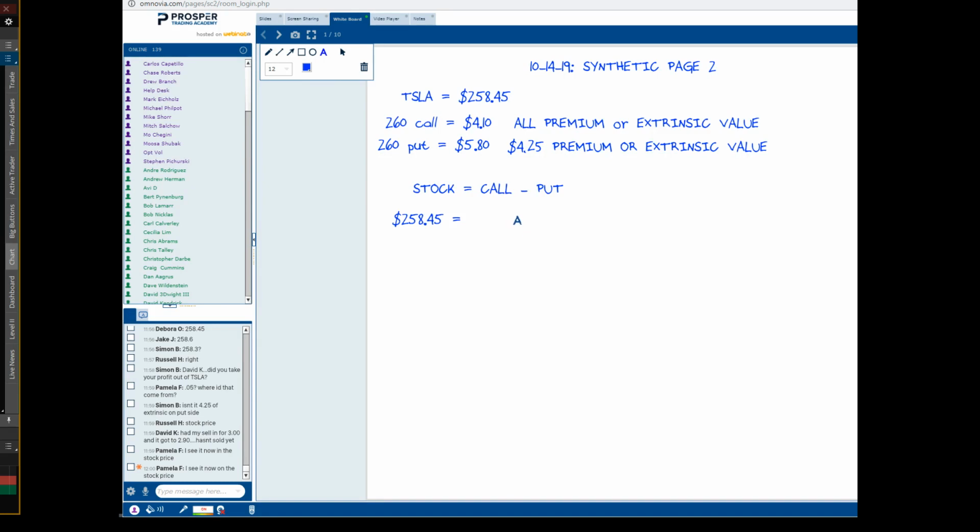Okay, so going back to this equation, $258.45 equals, and remember, we're comparing this to the 260 strike, right? So we have 410 minus 425 of the premium.